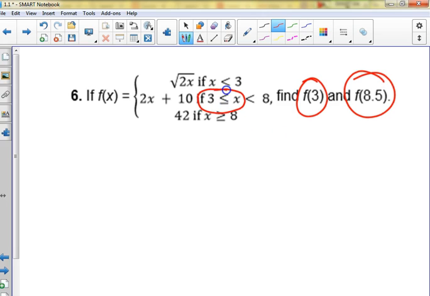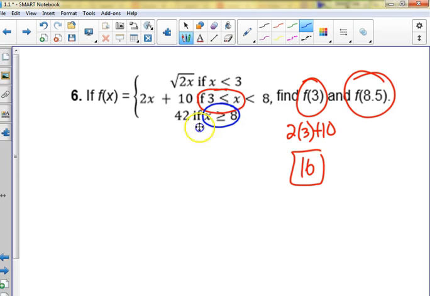Because it's or equal to, it goes into this one. 2 times 3 plus 10 is 16. Okay. 8.5 goes in here, but then what do we do with it? It's just 42. Don't say it's stupid. If you had to graph it, it'd be your favorite kind, because all you'd have to do is draw a horizontal line at 42.